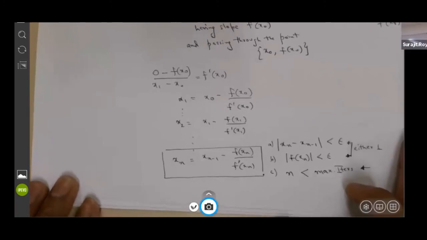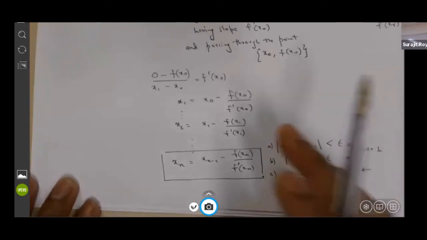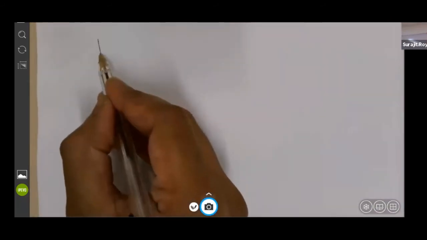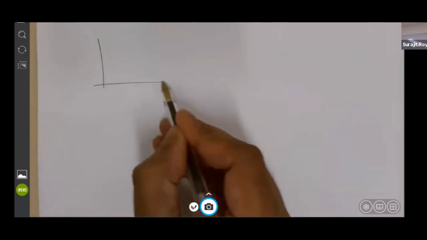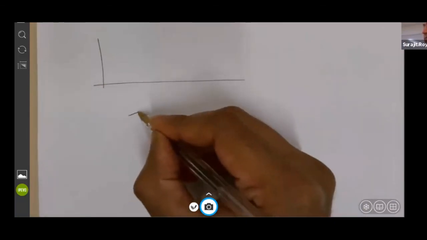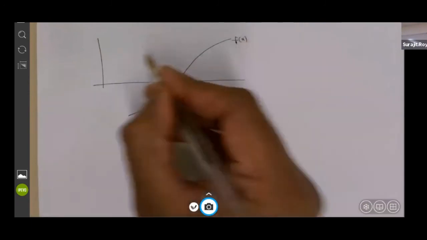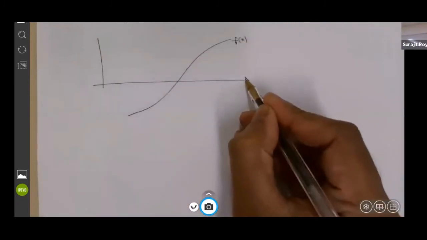Okay, if not, then we will wrap up today's discussion with another method, which is called the secant method. You will see it is very similar to Newton's method, except that instead of one initial starting point, you start with two values or two starting points. Again, I'm arbitrarily drawing a function.